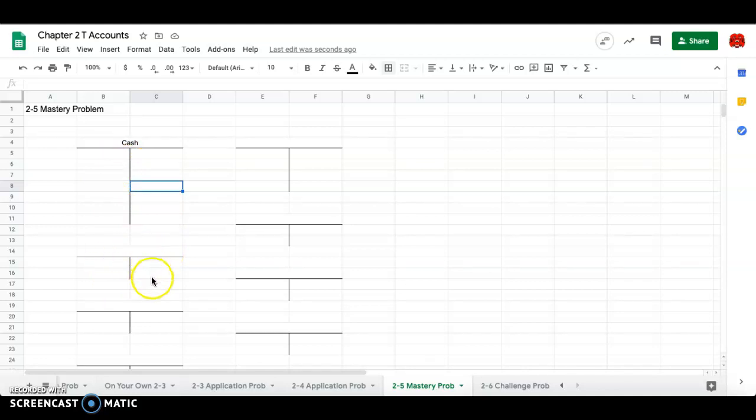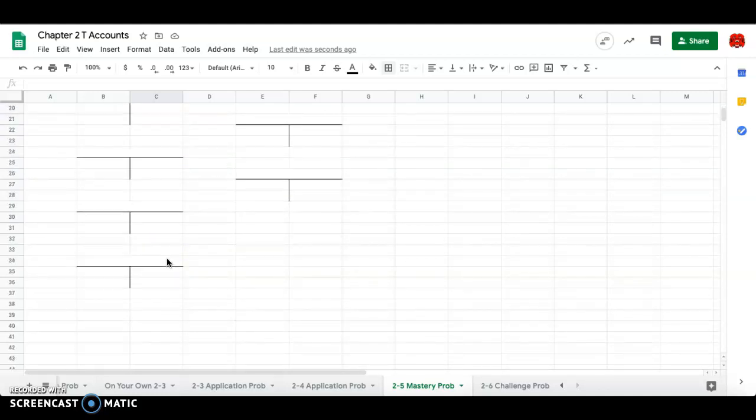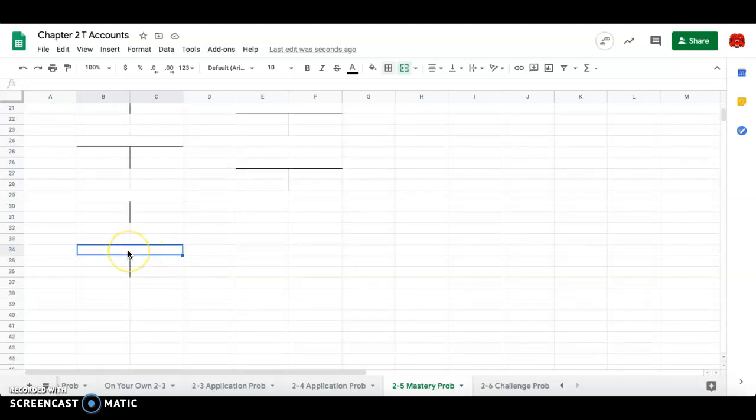I may put in the account names for you right here, I guess. So receive cash from the owner as an investment. I'll fill these in maybe. So again, they'll give you a list of these accounts. Capital.